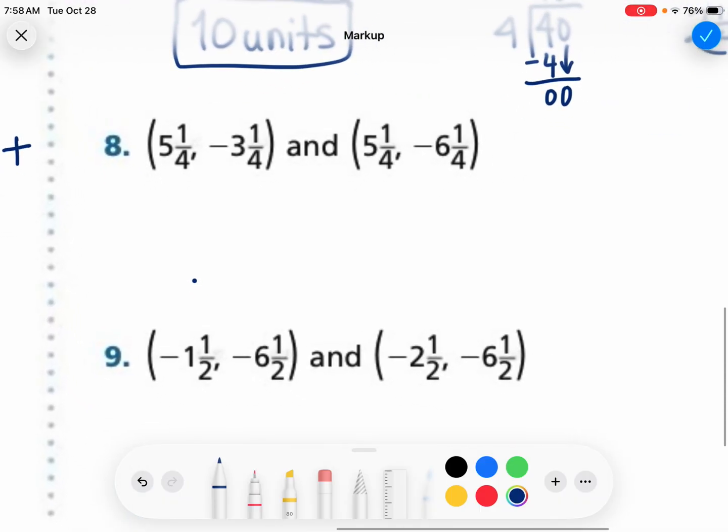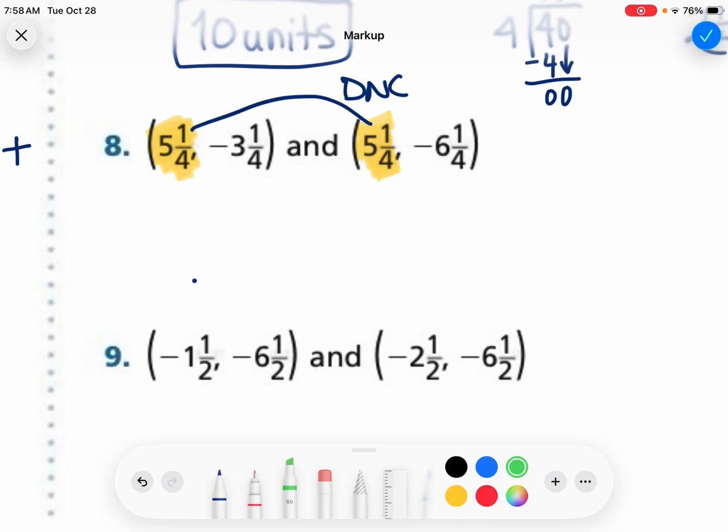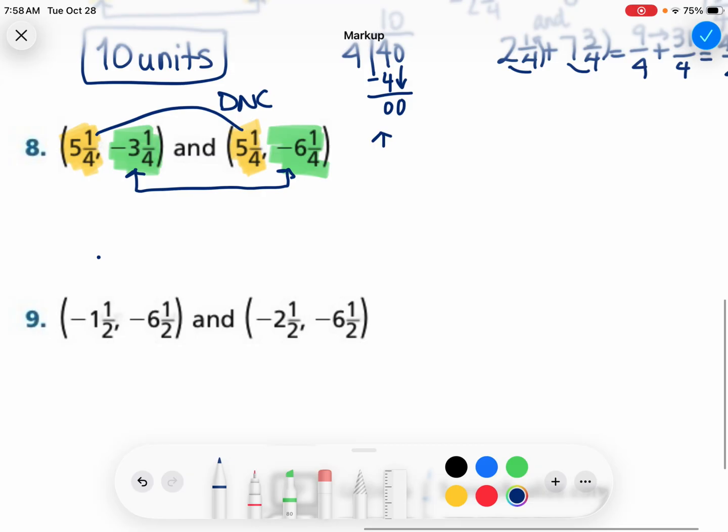Let's identify which value is the same. My yellow value is the same. That's the one that did not change. Which one changed? Well, my Y value, my green value. Okay, so now let me go ahead and see. Am I having to cross 0? Well, negative 6 1/4 is here, and then negative 3 1/4. 0 would be here.